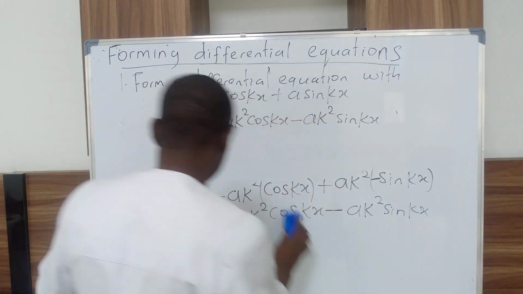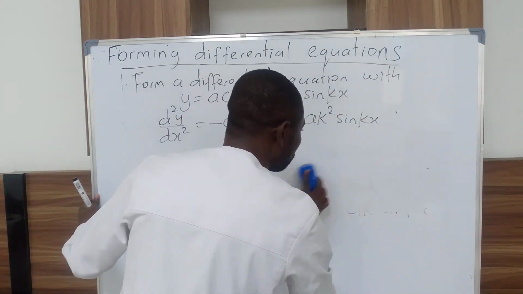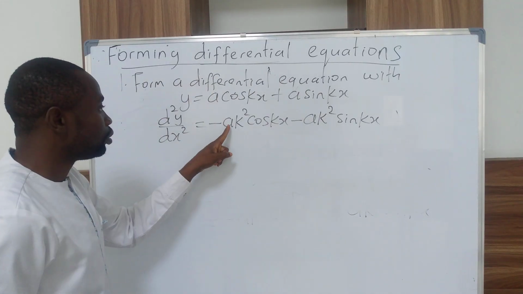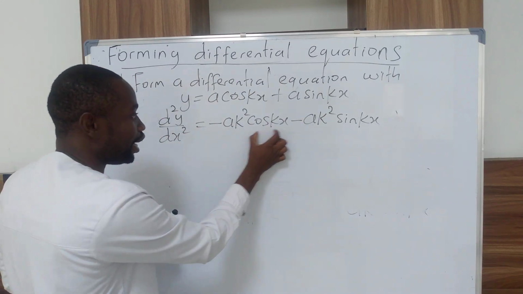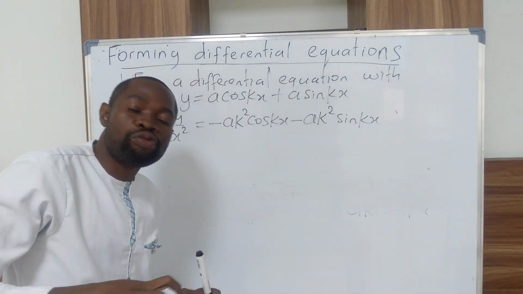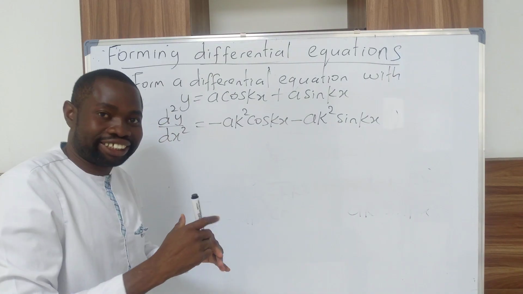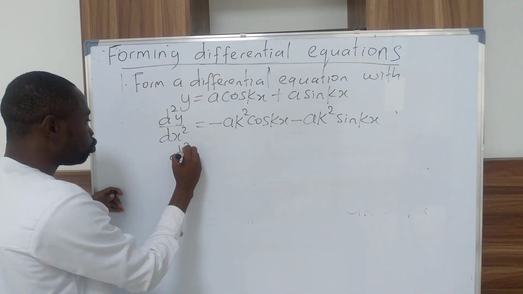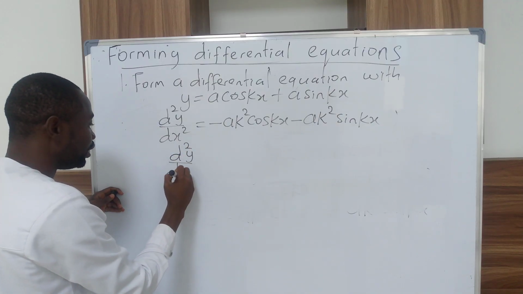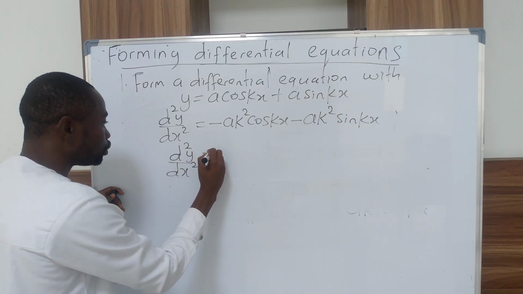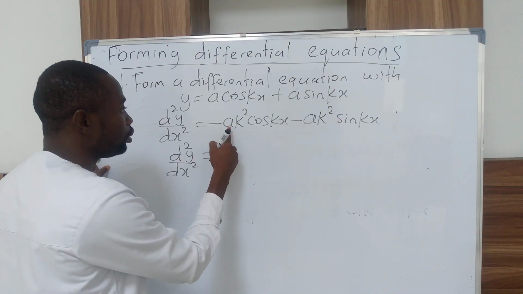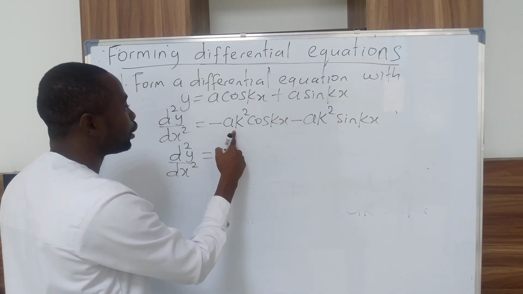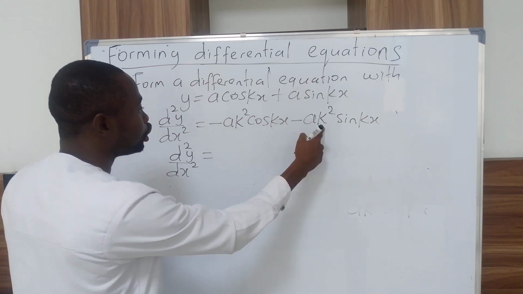Okay, so how do I finish up with this? Now I'm going to look for the common factor here and here. I will use that common factor to factorize. So this is going to give me d squared y over dx squared is equal to a is common here, a is common here, k squared is common here, k squared is common here.